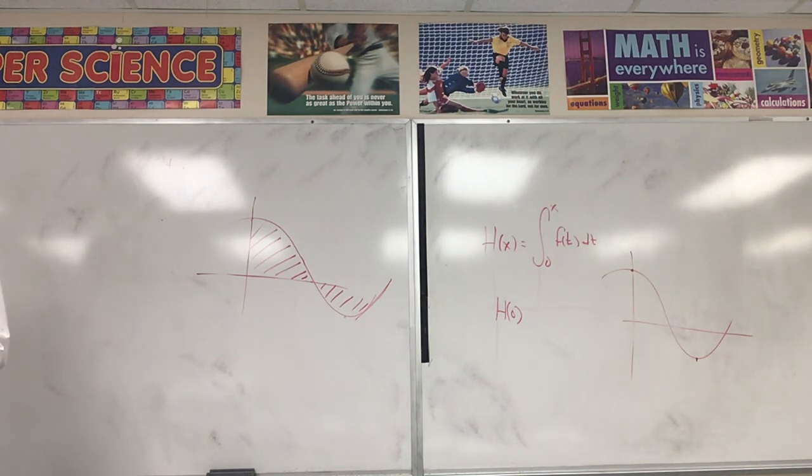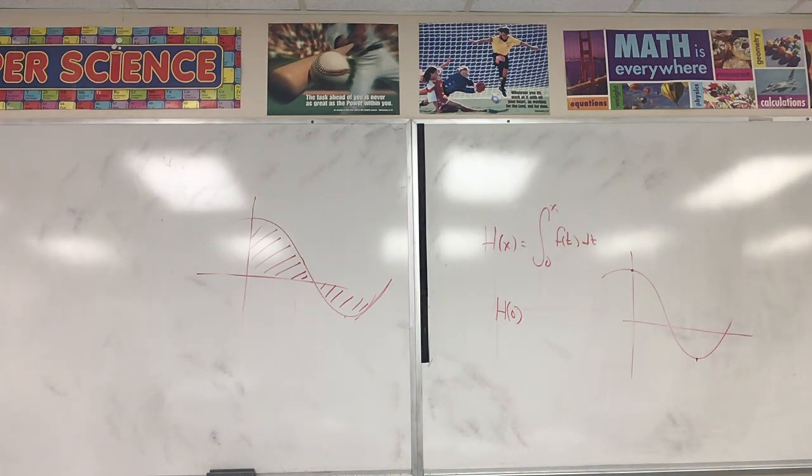So, h of 12, that means going from, as you said, putting 12 in for x, from 0 to 12. Is it positive or is it negative? Is the area from 0 to 12 positive or negative?